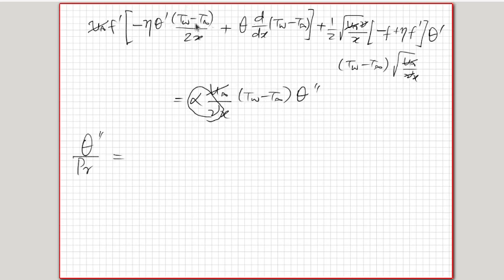So this t1 minus t infinity will get cancelled against this t1 minus t infinity. So I have a minus f prime eta theta prime divided by 2x. There is also x here, which I'll have to take to the other side. So this x also will get cancelled. There's x also here, which is t1 minus t infinity divided by x, what I'm taking to the left hand side.